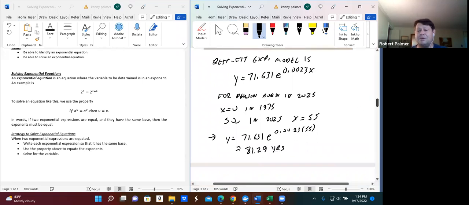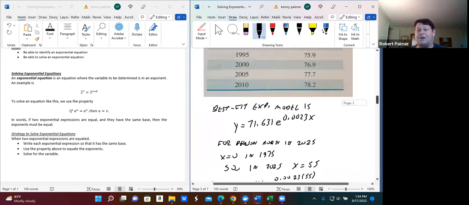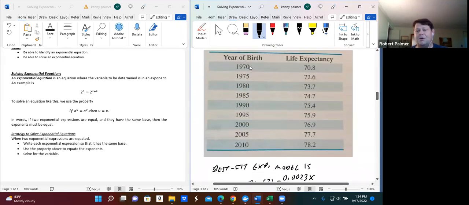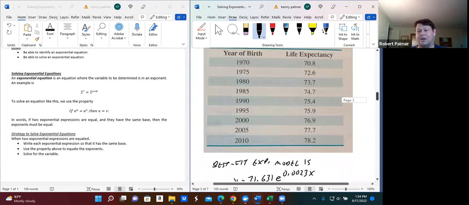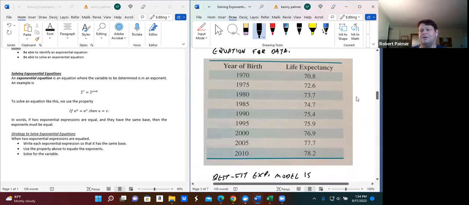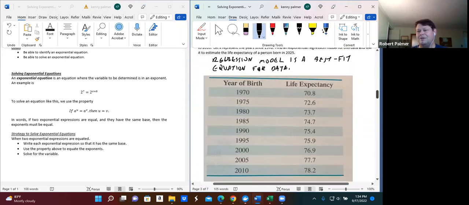Now, also let me say something about that. Although we got a value, if you notice, the data we collected stopped at 2010. And here we're trying to find life expectancy for someone born in 2025, which is outside our data range. In statistics, that can be a potentially dangerous thing to do, because we don't know for sure if our trend is changing significantly past 2010, since that's where our data ends.